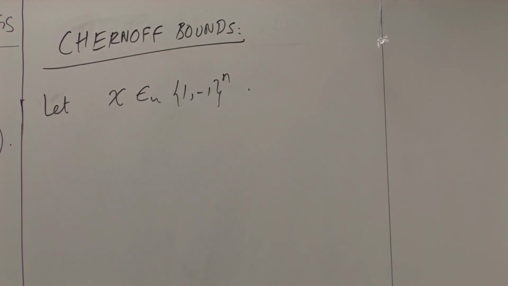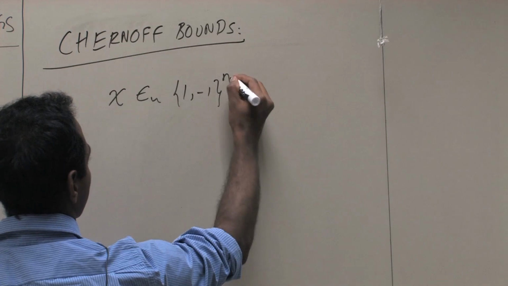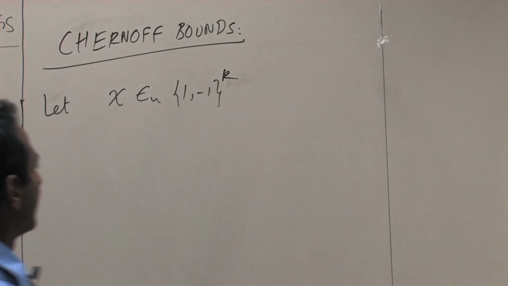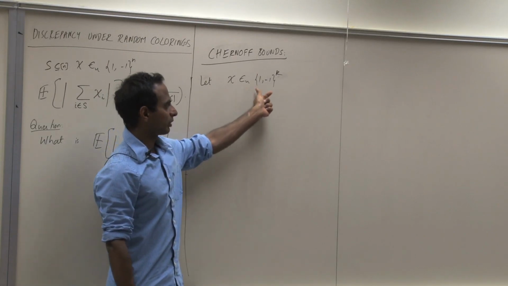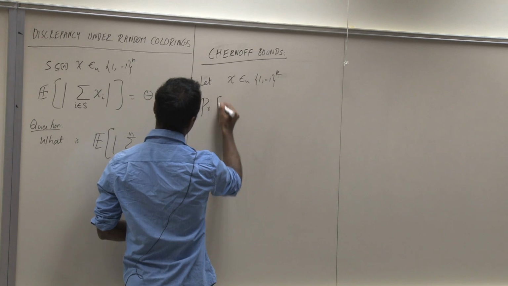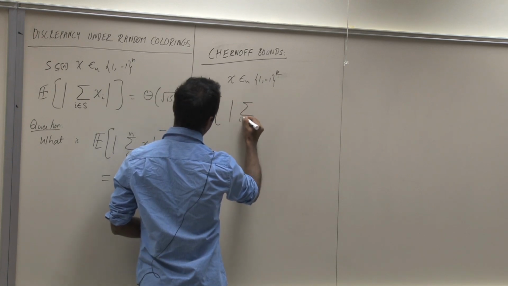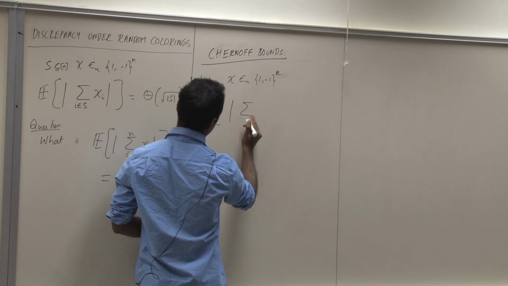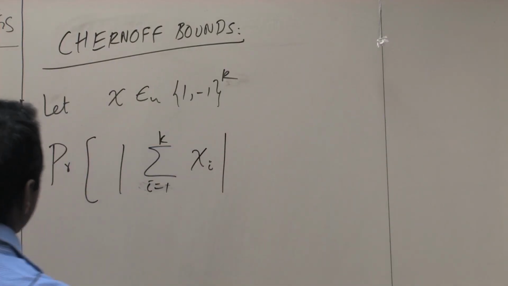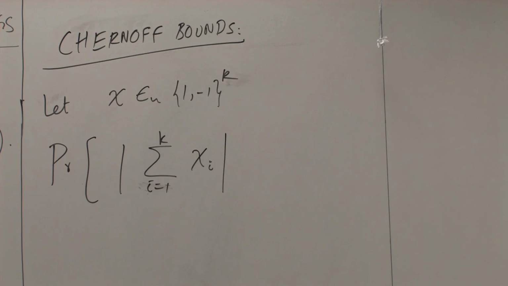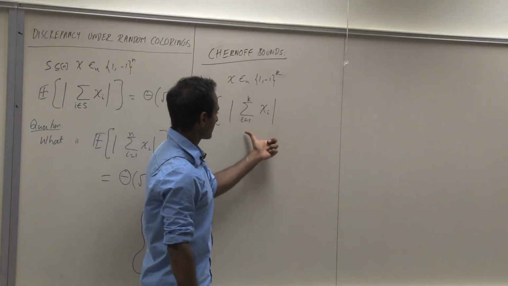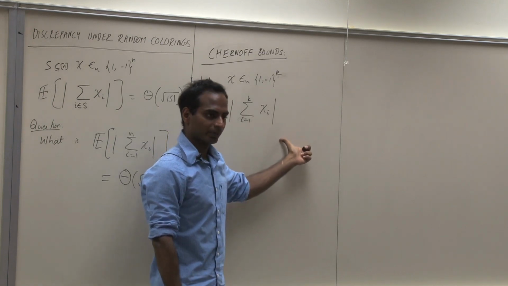Okay. So let me put m here. If I take a random plus or minus 1 vector of length k, so by this statement here, the expectation of this sum is basically about square root of k.